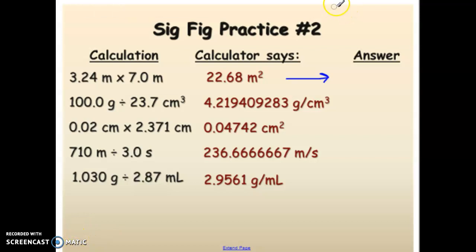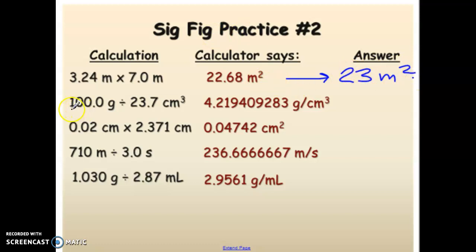Okay, so remember that the answer you report this to has to do with the lower number of significant figures from the original numbers in the question. So this is 3.24, which is 3. 7.0 is 2. So we would round this to 2 significant digits, which would now be 23 meters squared. Please remember to put in the units as well.